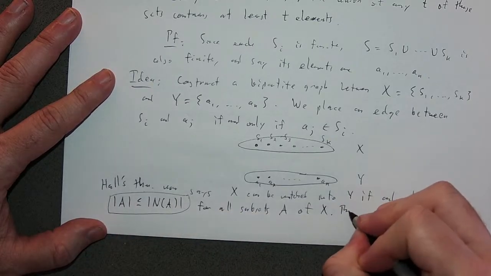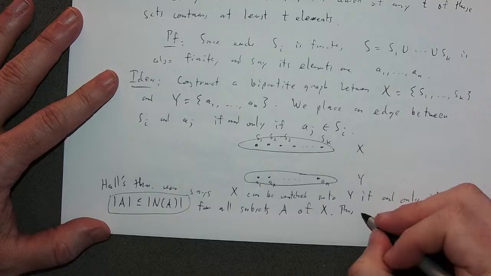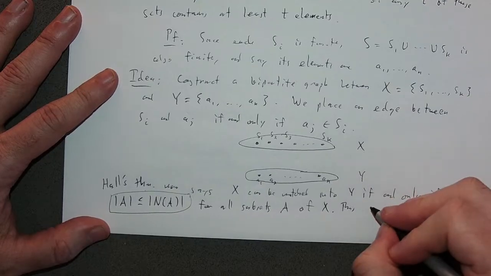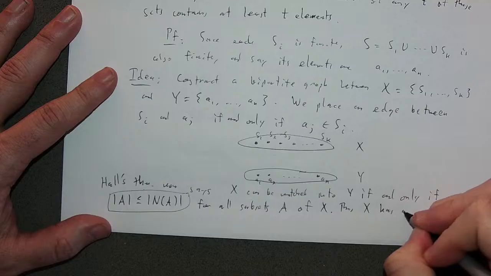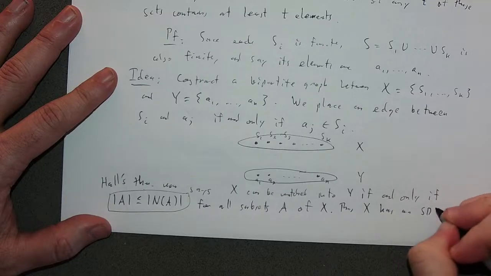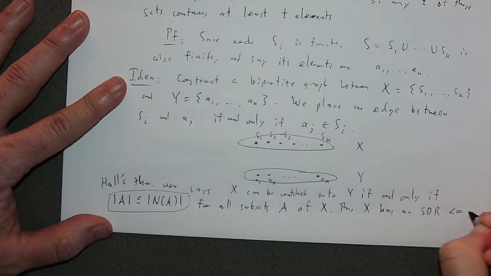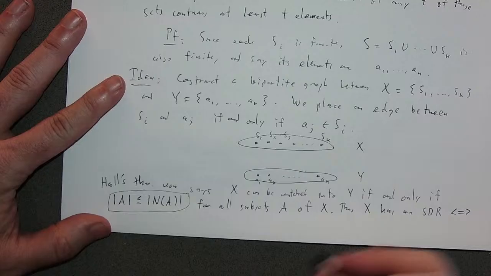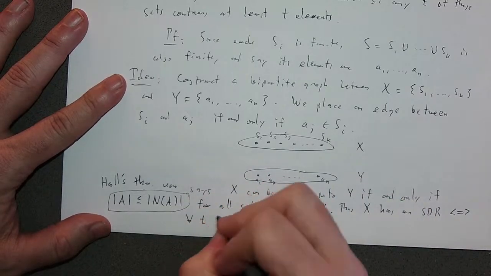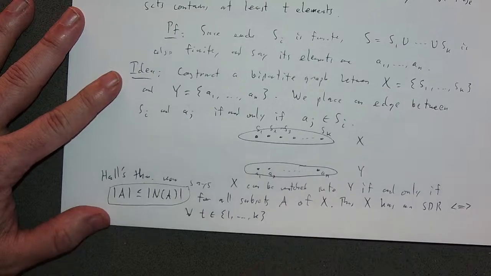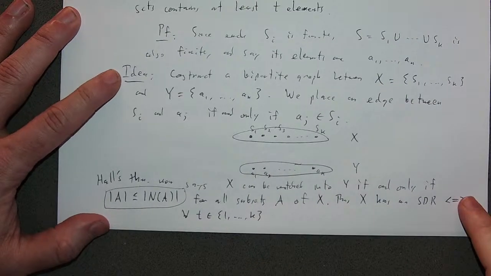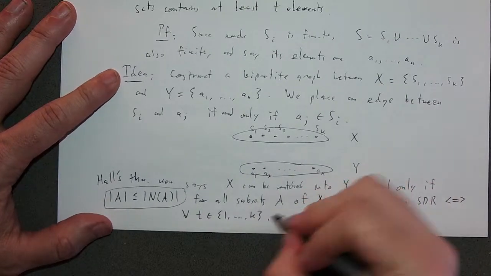Thus, the collection of sets has an SDR if and only if for every T between 1 and K, the union of any T of these sets contains at least T elements.